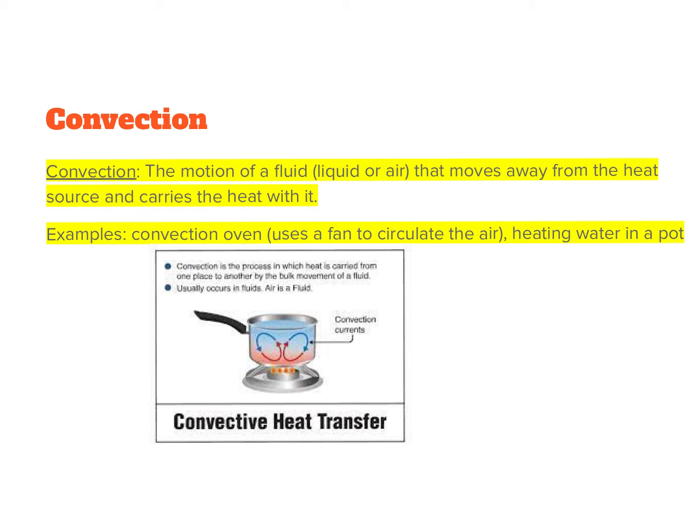Examples of heat transfer through convection could be a convection oven, which uses a fan to circulate the air so the hot air rises and the cold air sinks, or heating water in a pot like you see in the picture where the hot water is going to rise and the cold water sinks. Okay, so it's the transfer of heat within liquids or gases.